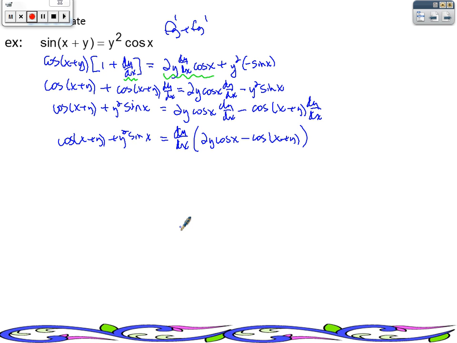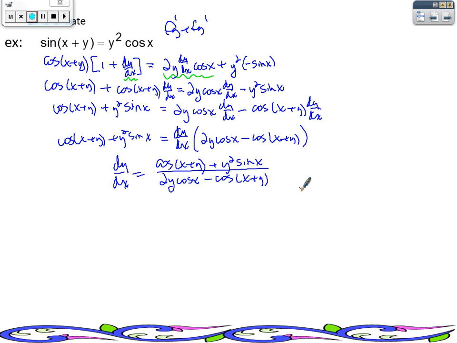And so our last step would be to simply divide by this gigantic thing right here. So let's do that. So we have dy dx equals cosine(x plus y) squared sine x, all over 2y cosine x minus cosine(x plus y).